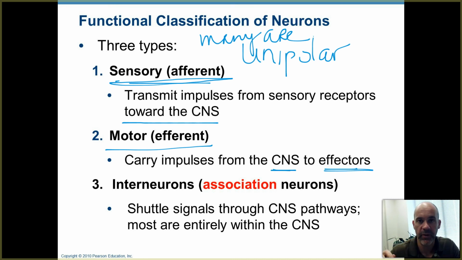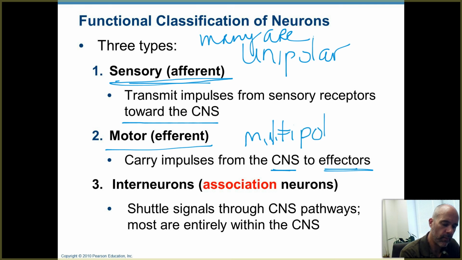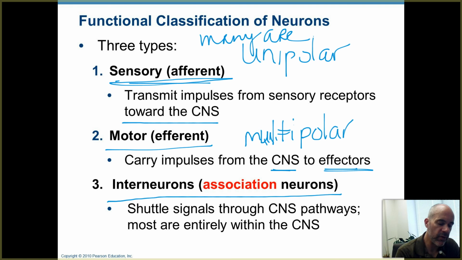An effector here could be the smooth muscle in the wall of a hollow organ. It could be a skeletal muscle. Those are outgoing impulses, and those are generally going to be multipolar in shape. And finally, your interneurons, which can also be called association neurons, bridge the incoming and the outgoing signals.